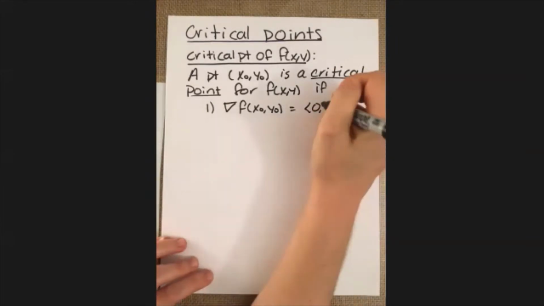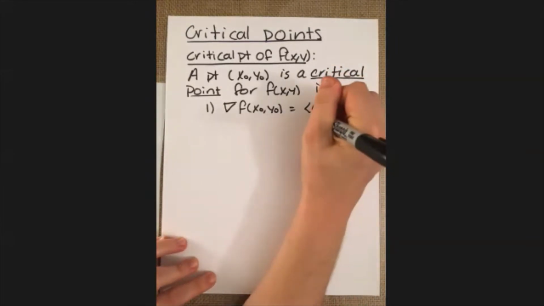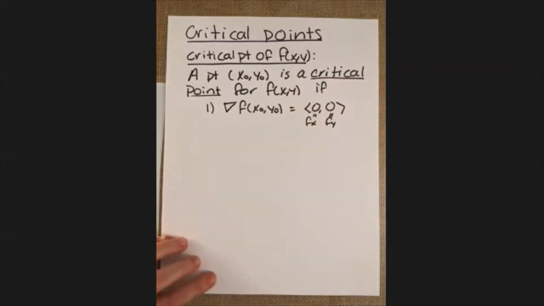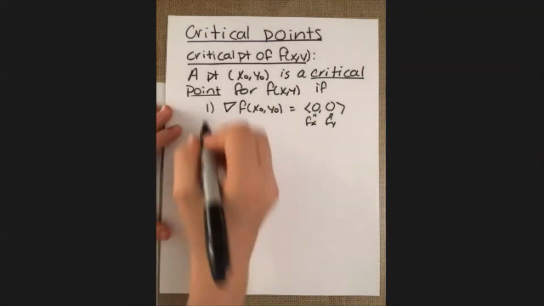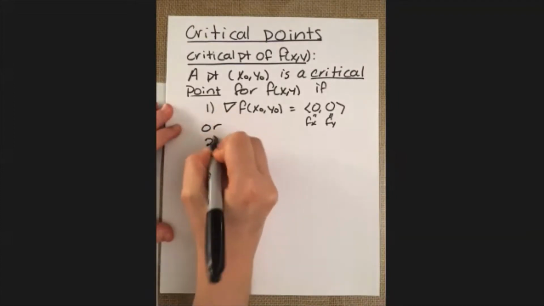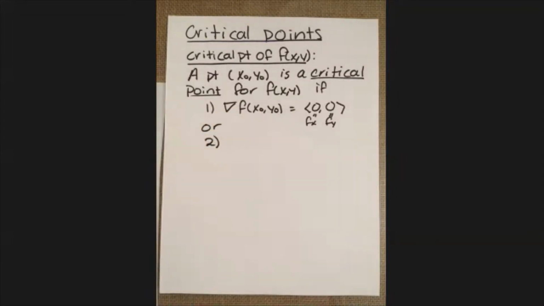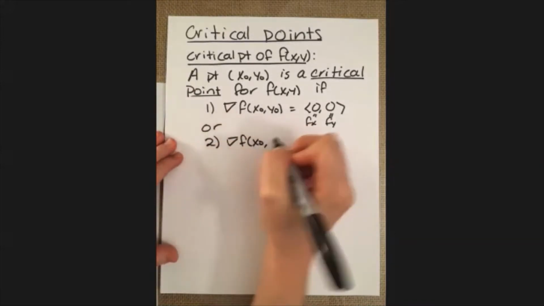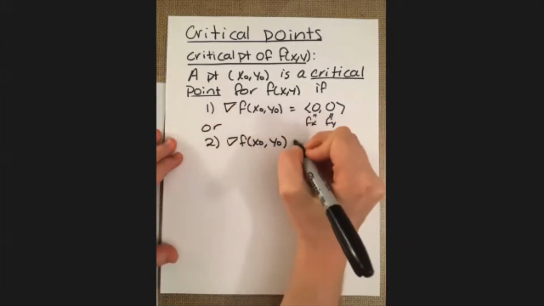Which really is just saying that both of the partial derivatives here are 0. Or we have the other possible condition if we also remember that the derivative could just simply not exist there. So we could say that the gradient doesn't exist at the point (x naught, y naught) as well.